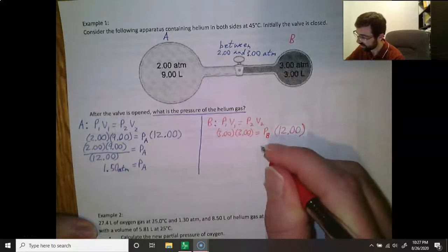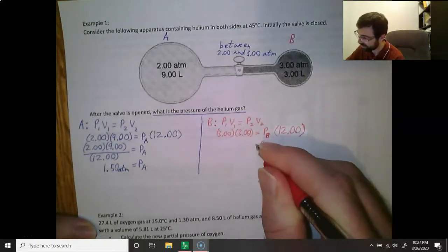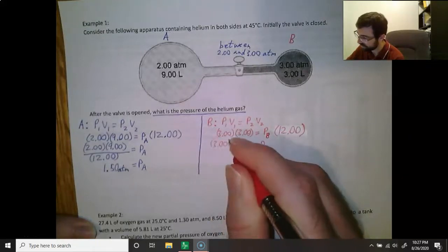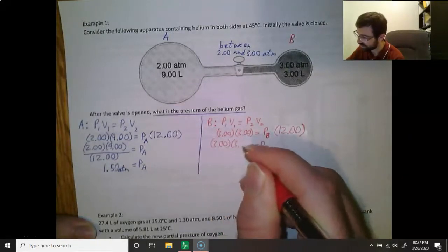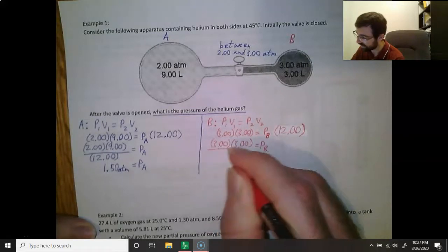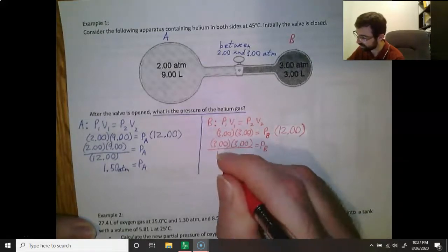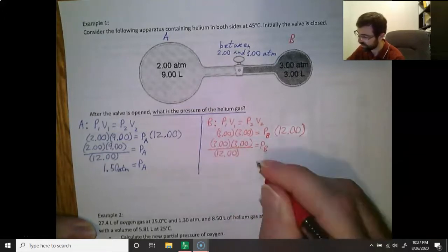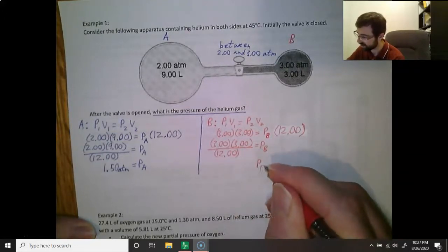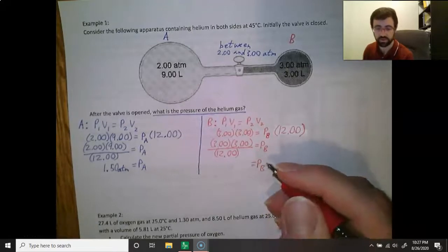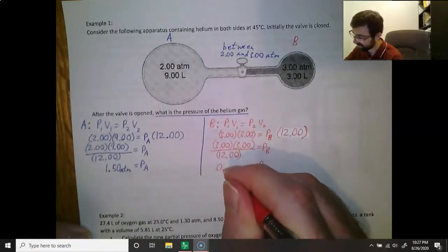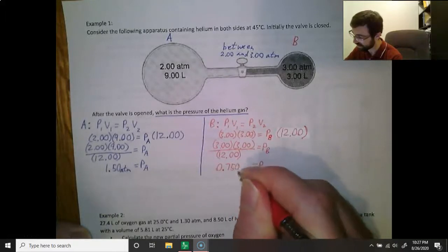And PB will be equal to 3.00 times 3.00 divided by 12.00. When I put that in my calculator, to the nearest 3 significant figures, I get 0.750 atmospheres.